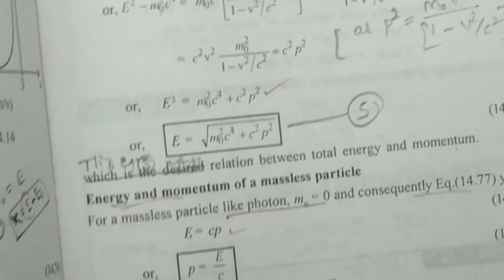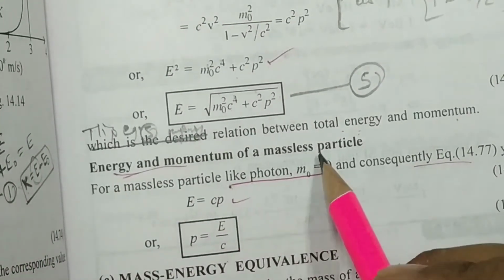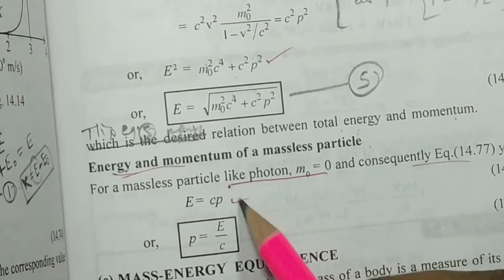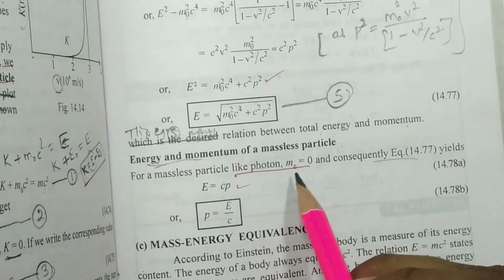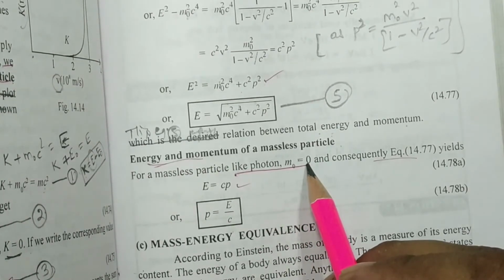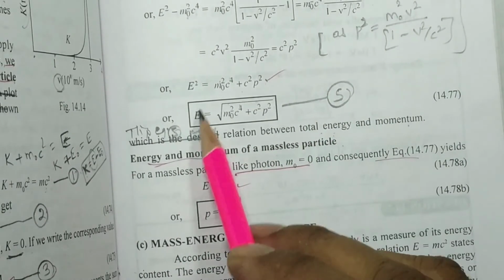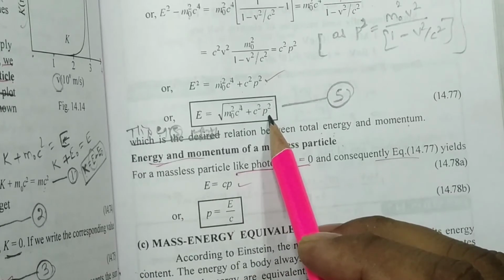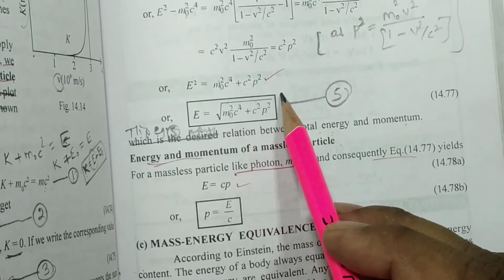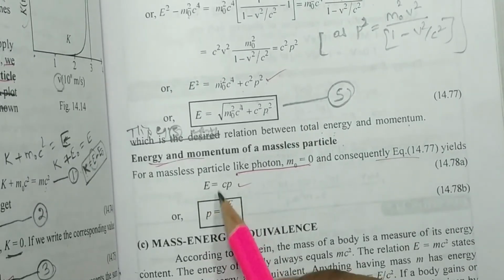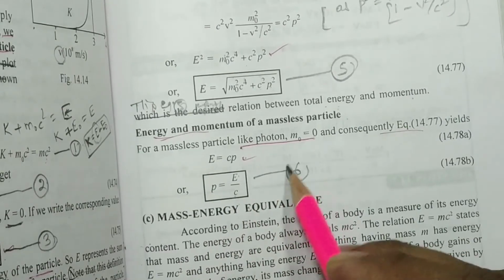Now, the energy and momentum of a massless particle: if we consider the photon, that means a light particle which has rest mass 0, then from equation number 5, E will be equal to root over of c square p square only. We can get E equal to cp only, or p equal to E by c. Let this be your equation number 6.